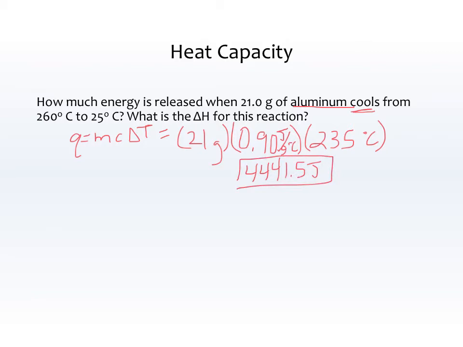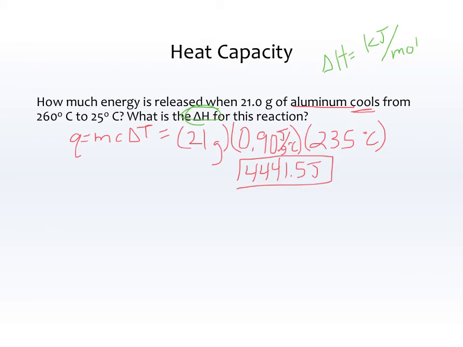But the problem is, it also asks for delta H. So we're also going to have to do delta H. Now, delta H is typically given in kilojoules per mole. The units for delta H are kilojoules per mole. That's a problem here because we have joules instead of kilojoules.